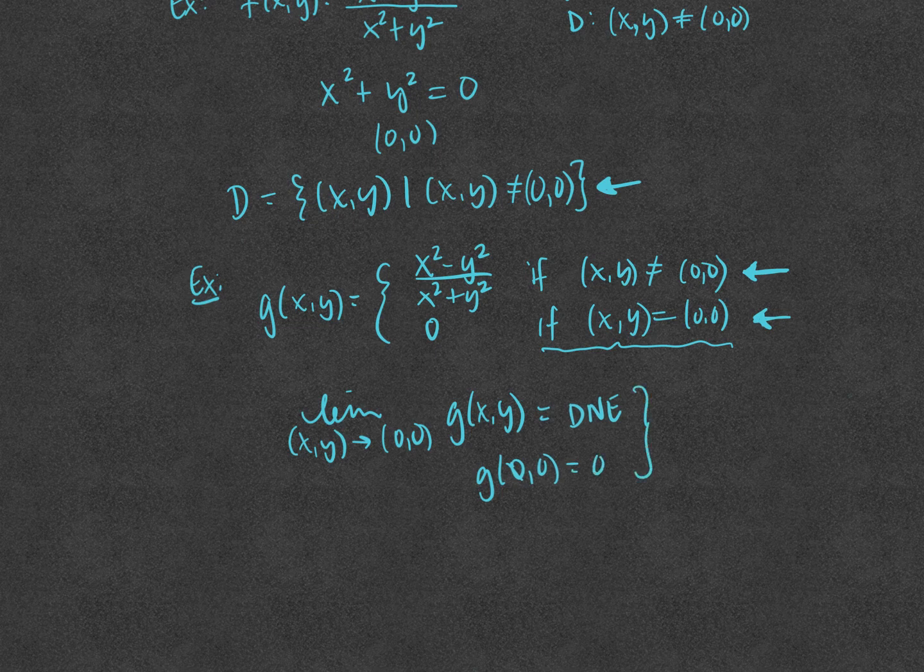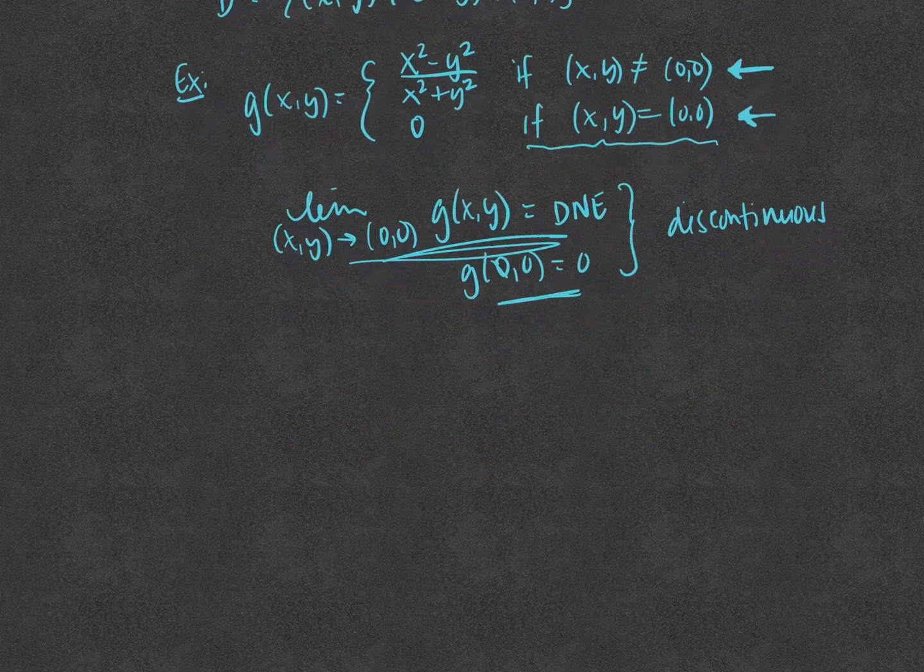Since these two things are not equal, we are discontinuous at 0,0. Based on the definition on the previous screen, the value of the function has to be equal to the limit of the function at that point, and that's not true here. Therefore, we still have discontinuity at 0,0, even though we have a piecewise function that's defined at 0,0.